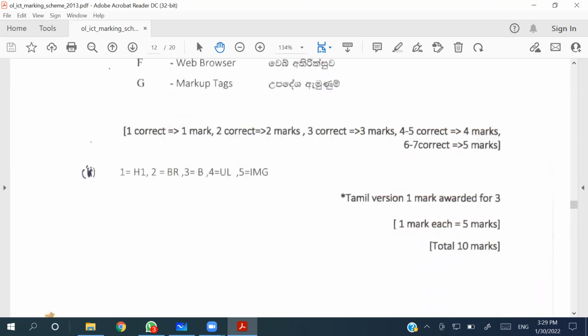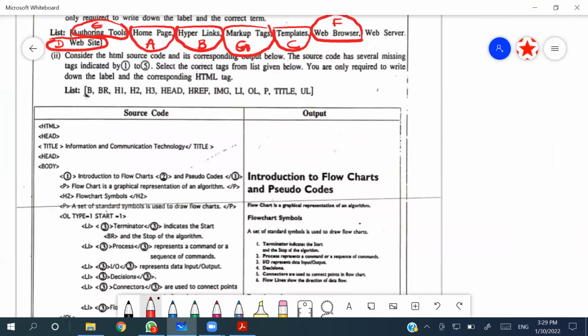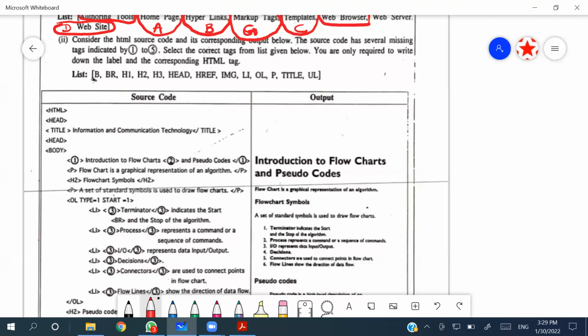So moving to the second part of it. Consider the HTML source code and its corresponding output below. The source code has several missing tags indicated by 1 to 5. Select the correct tag from the list given below. You are only required to write down the label and the corresponding HTML tag.